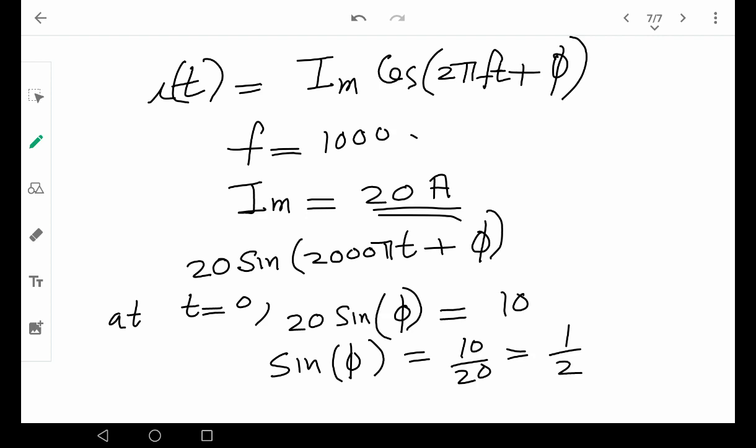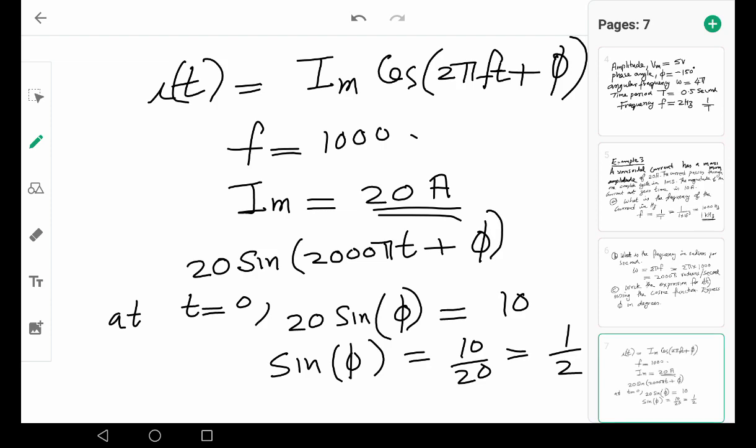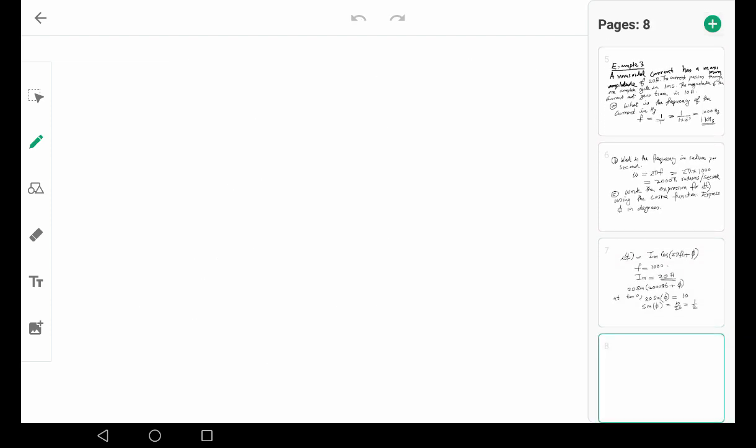So if that is the case, what is phi? Phi will be sine inverse of 1 by 2, right? Check how much is sine inverse 1 by 2.